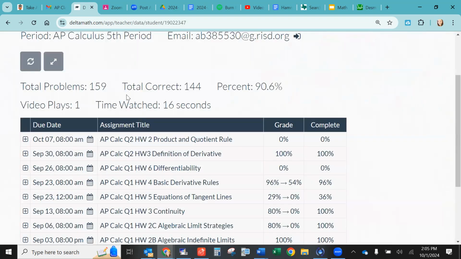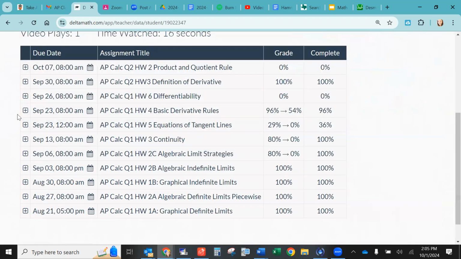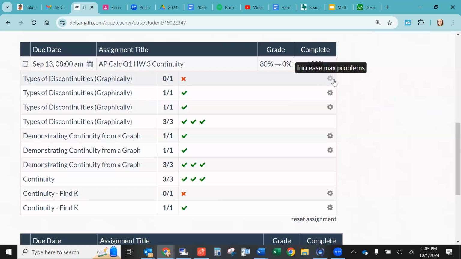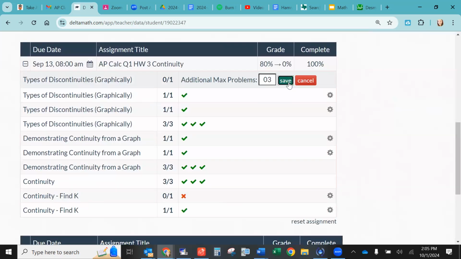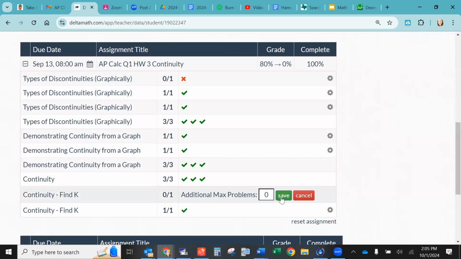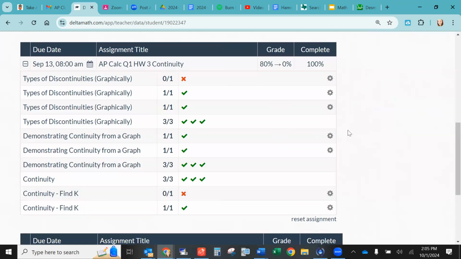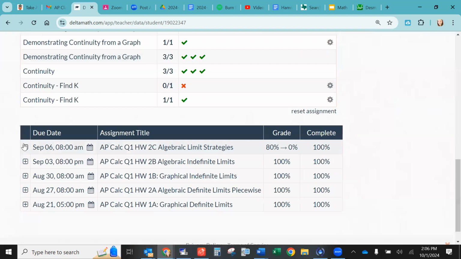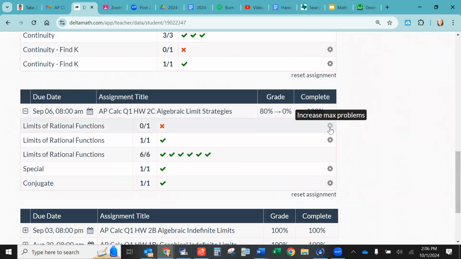Have you added my AP classroom? You said continuity? Okay, there are 2 resets there. Okay, both finished. Were there any other ones? And then the algebraic limit strategies. That is old. Just one? Okay, got it.